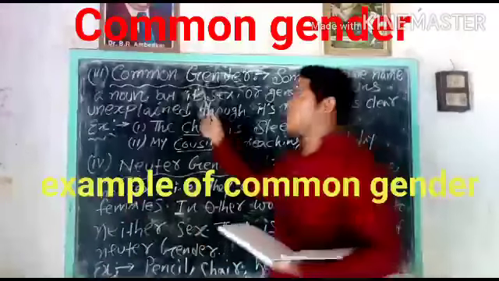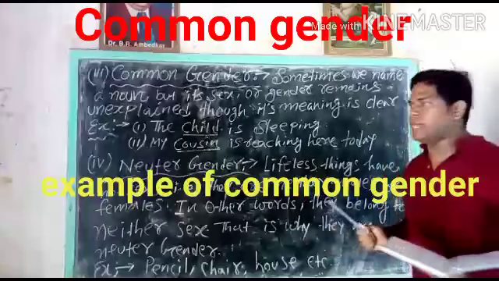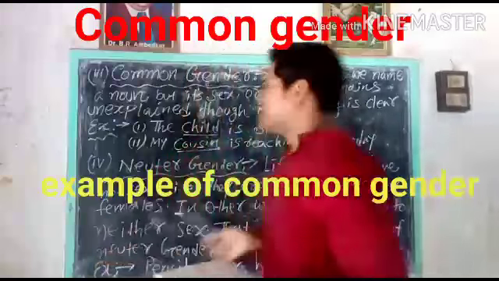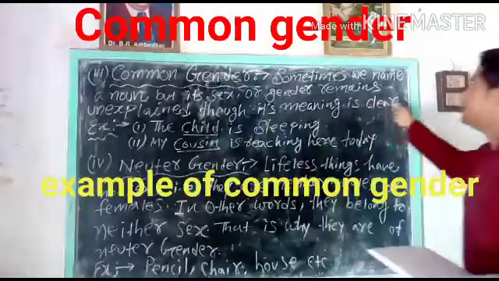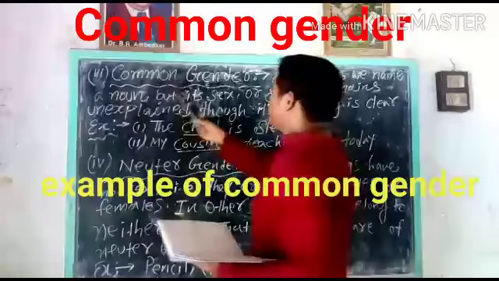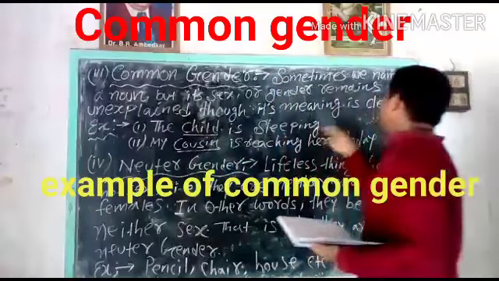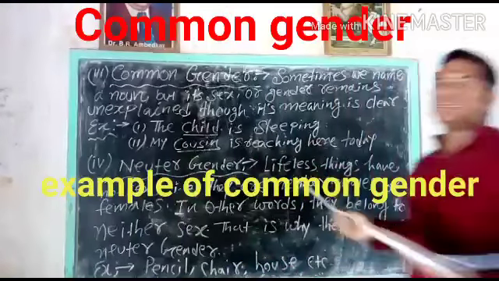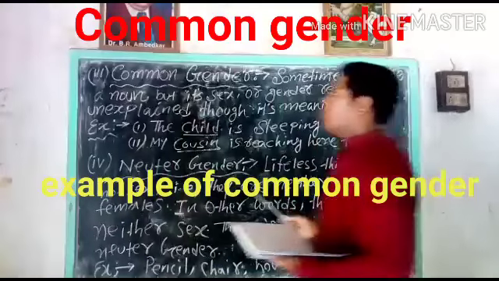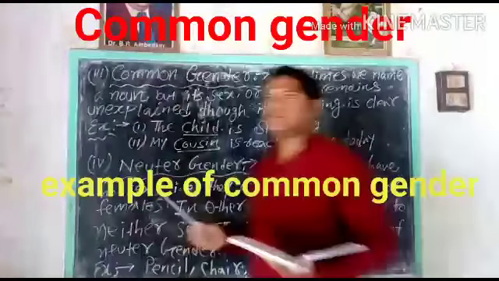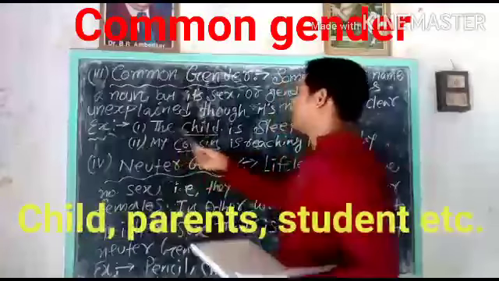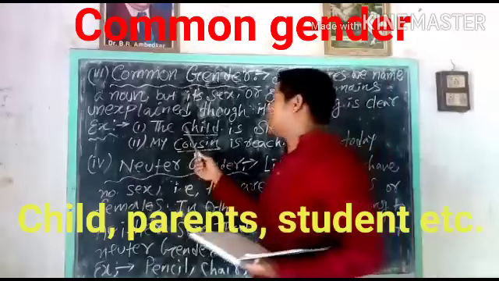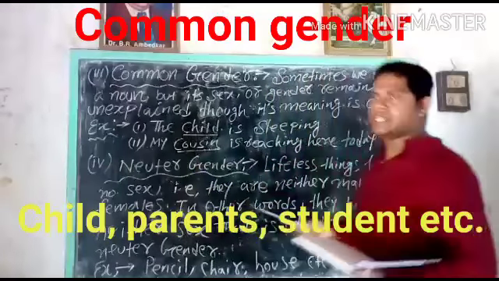These are called common gender. For example, first one, the child is sleeping. Here the common gender word is child, C-H-I-L-D.